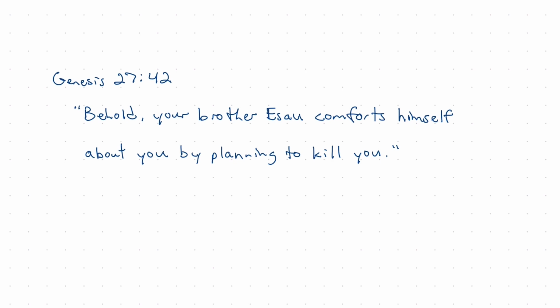So your first proposition, behold, your brother Esau comforts himself about you. That's the first verbal assertion. Your brother Esau comforts himself about you by, we have the key word here that's telling us this may very well be a relationship of action and manner. And then the second proposition, by planning to kill you. Esau is planning to kill you, and this is bringing him comfort. Comfort to him, not comfort to his brother.